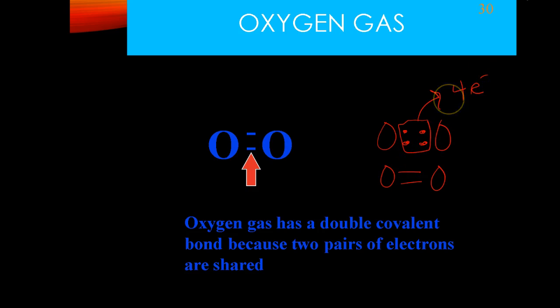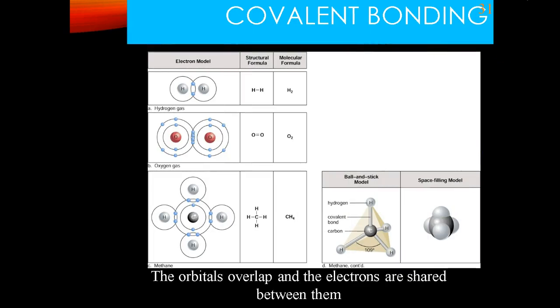But what if I ask you, how many pairs do I share in a double bond? Here's a pair, here's a pair. That's 2 pairs that are being shared. This is just giving you some other ideas on covalent bonding.